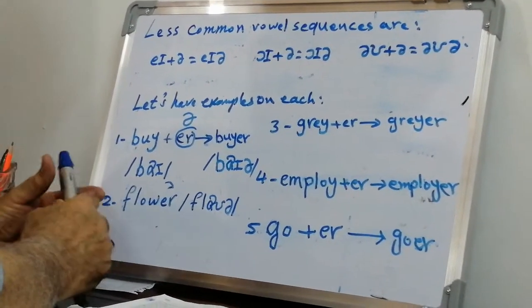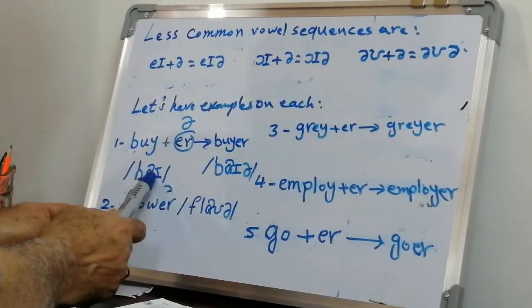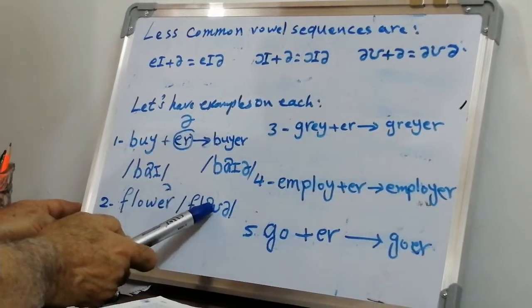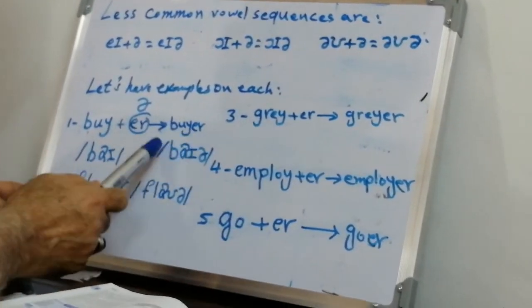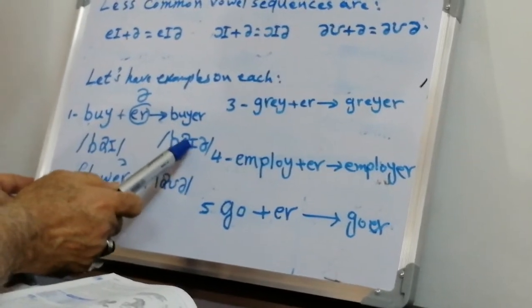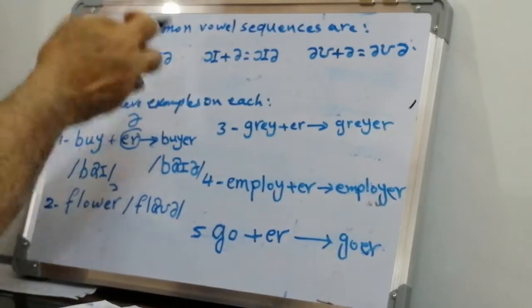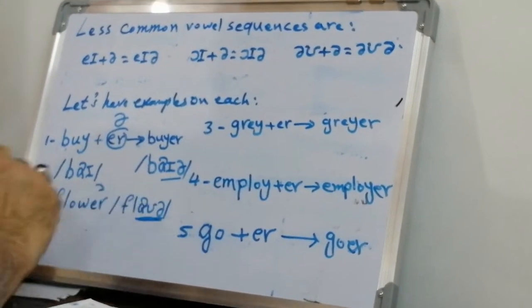So the two common vowel sequences or triphthongs in English are the "I" plus schwa, "aya", and the "ow" plus schwa, "our".